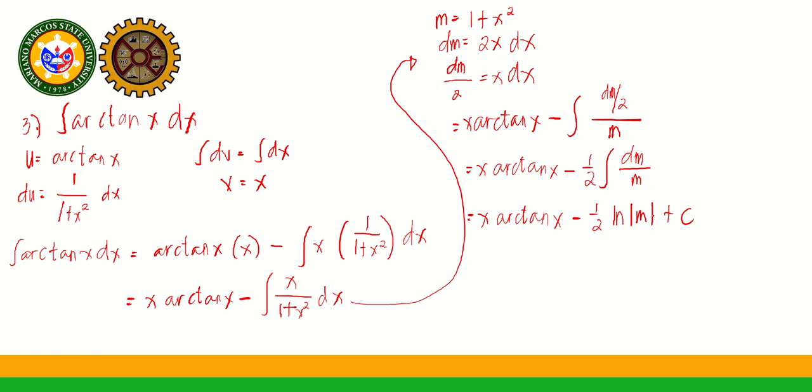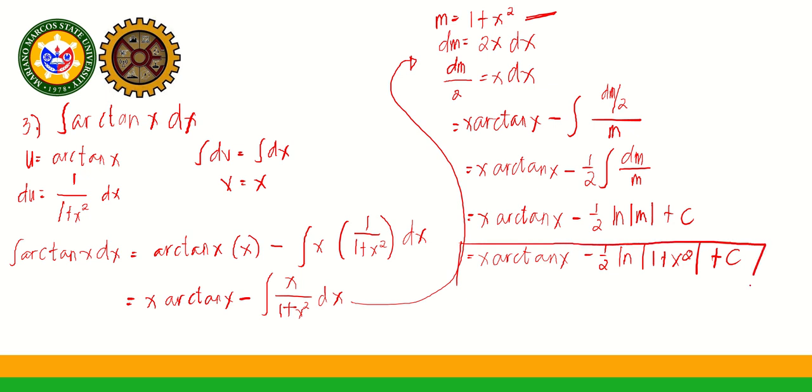And change natin si m sa function of x kanina. So this one. This is equal to x arctan x minus 1/2 ln of 1 plus x squared plus c. So, ito na ngayon yung final answer natin for example number 3.